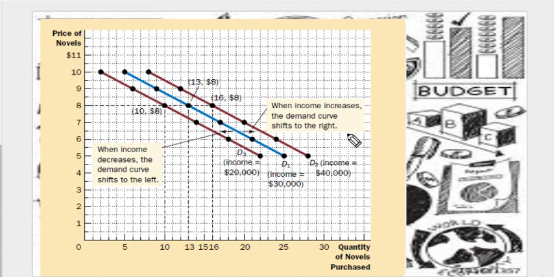this graph first. The Y-axis, or vertical axis, represents the price of novels. Here we are looking at a simple demand curve, and this is something that we have already discussed in previous lectures. And on the x-axis, or horizontal axis, we have the quantity of novels purchased.